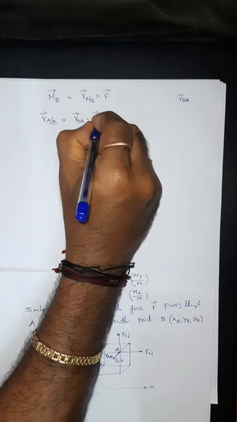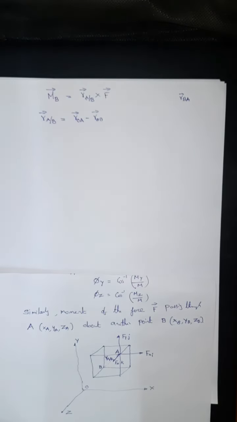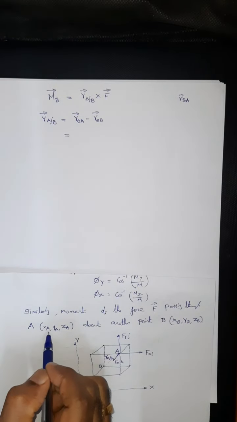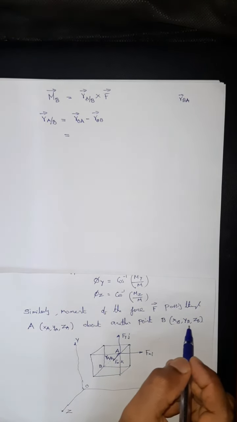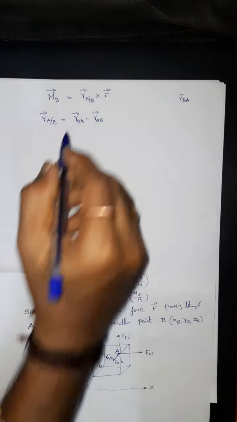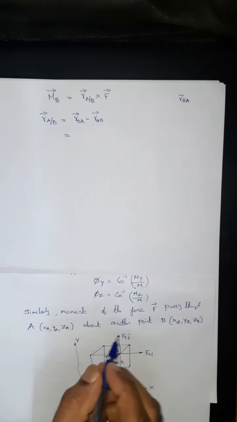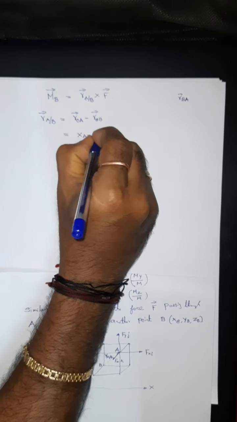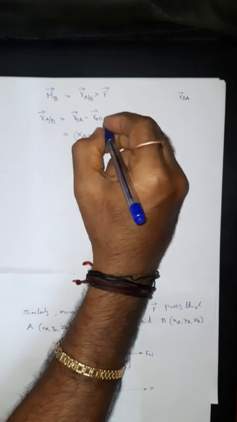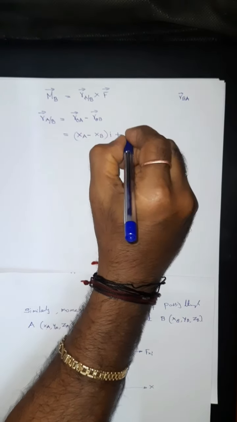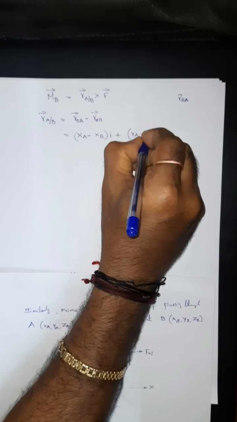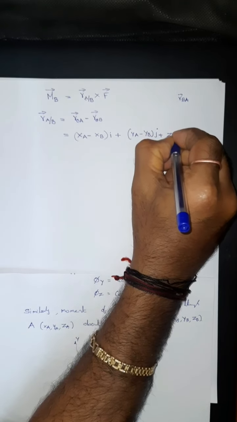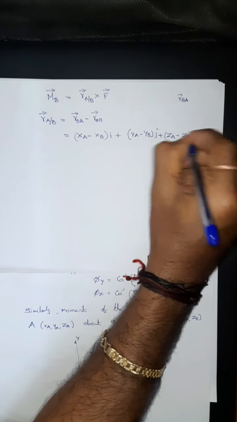So the position vector of A to B can be represented. Got it? So see, as far as A is concerned, xA, yA, zA, and B is xB, yB, zB. Right? So let me just take the i direction, which means xA minus xB i vector plus yA minus yB j plus zA minus zB k vector.